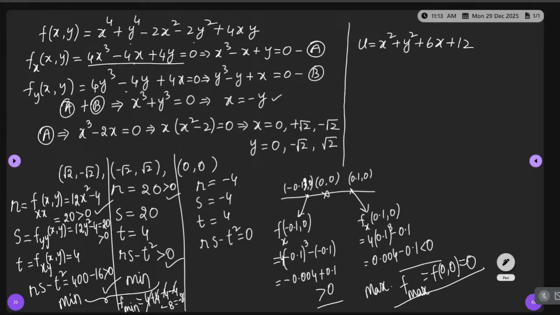Next, minimum at x equals 0, y equals 3. Do it quick.